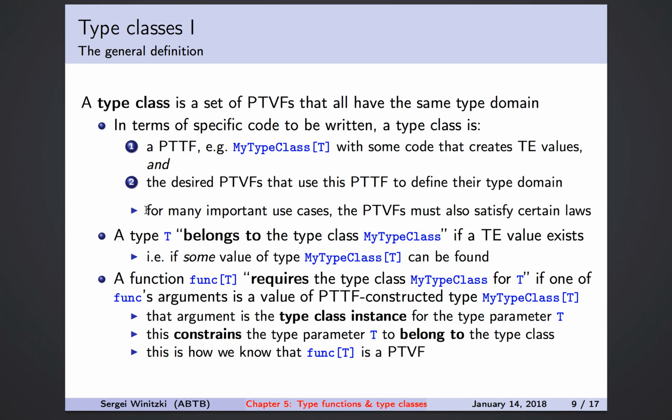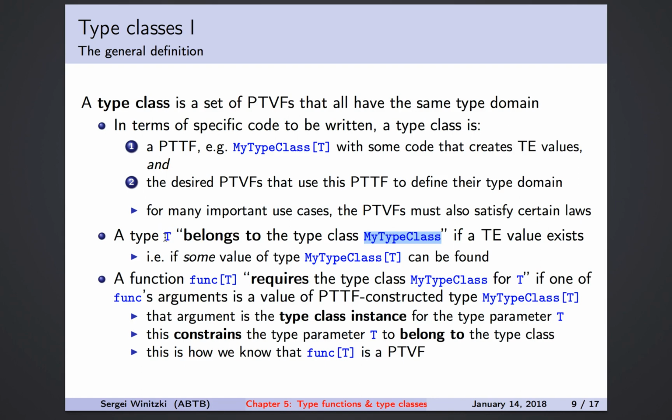That's a definition of a type class. Let's fix some terminology. People say that a type T belongs to the type class, my type class. What does it mean? It means that there is a PTTF, partial type to type function, called this, and this partial type to type function has a domain to which type T belongs.